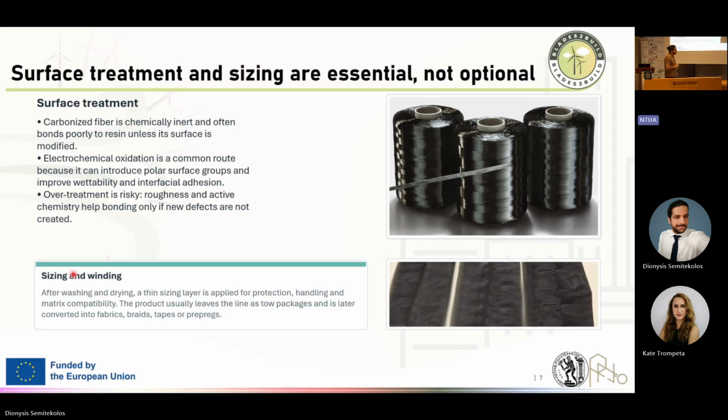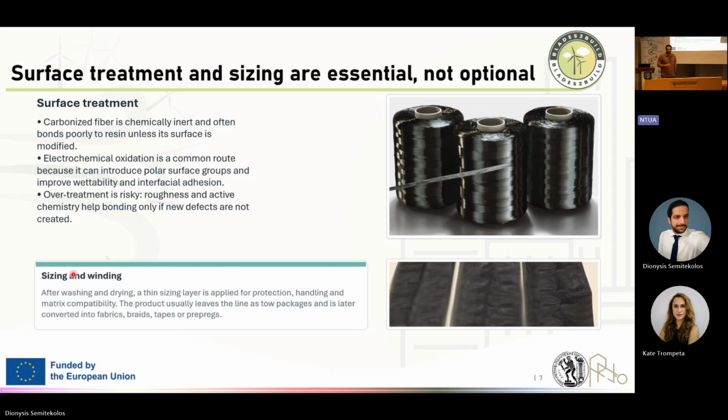So if a bundle of 6,000 or 12,000 monofilaments didn't have any binding agent, to understand it better, when we unwound it, things would go everywhere and workers wouldn't be able to handle it. So industrially, sizing is used to facilitate handling and protect the fiber.